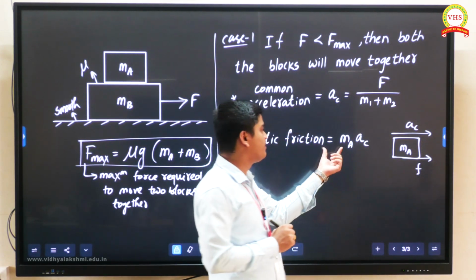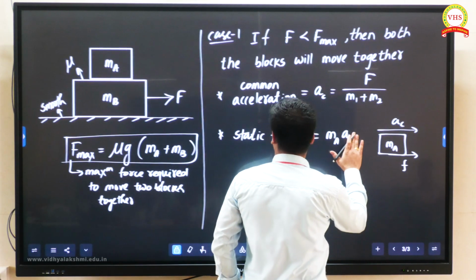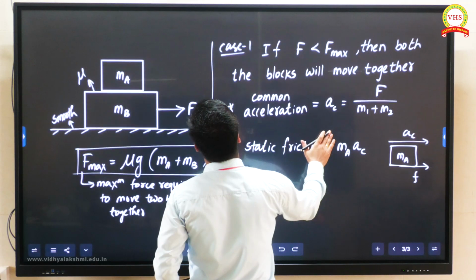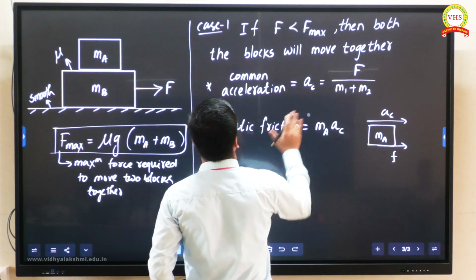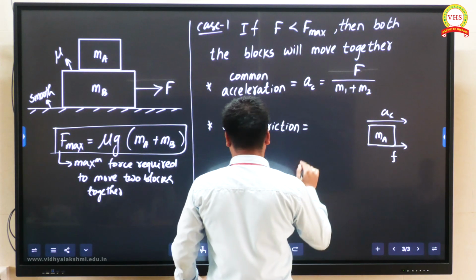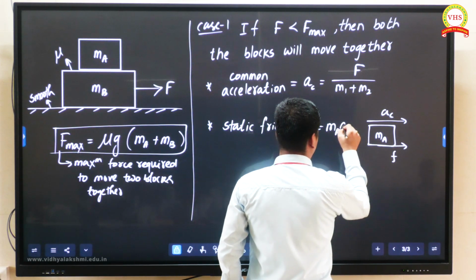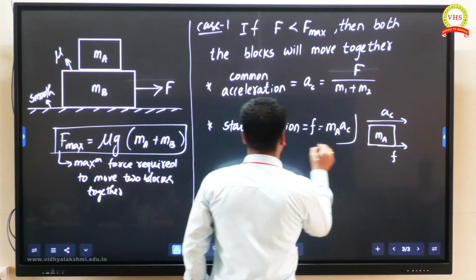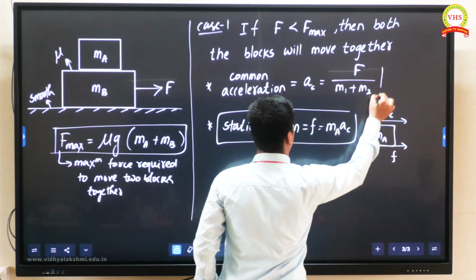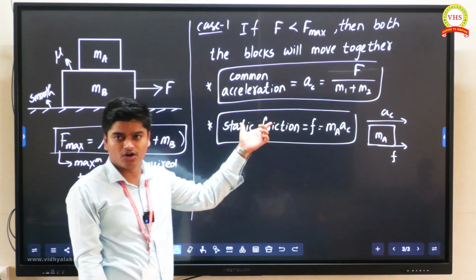So the static friction f is MA into a_c, the common acceleration. So this formula you remember, please. This formula applies if both the objects are moving together. Have you written this? Yes or no?